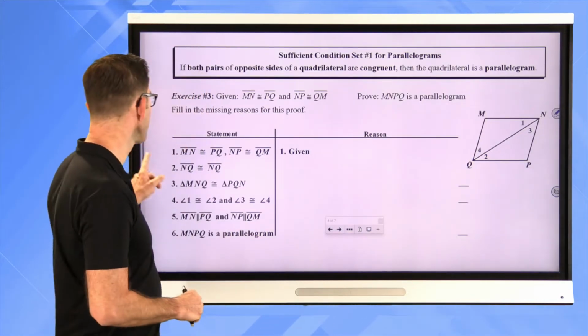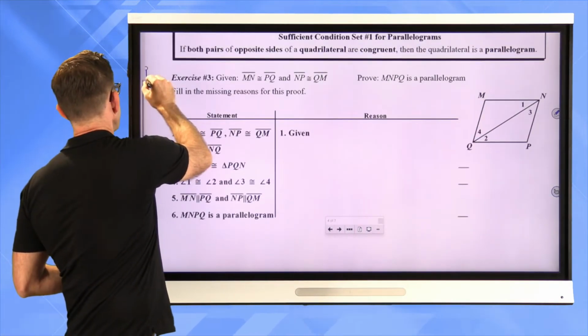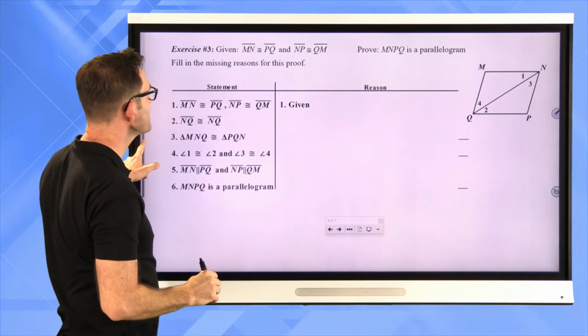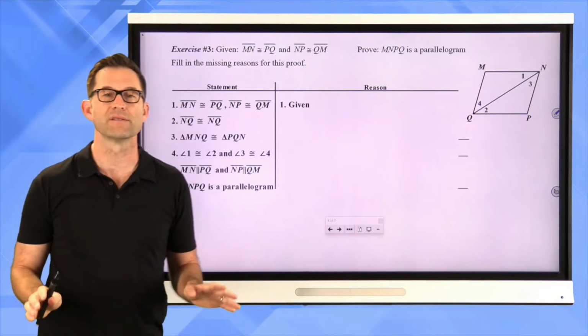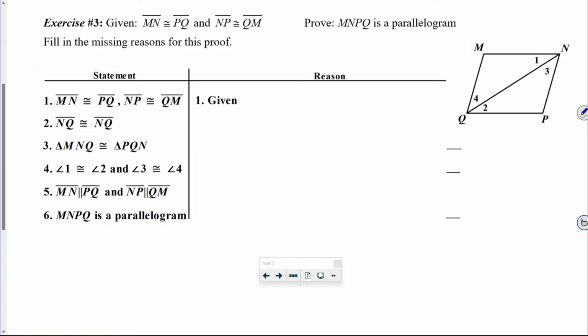So let's take a look at exercise number 3, which is one of those situations where we're just going to fill in the reasons on this proof. Exercise number 3. Given that MN is congruent to PQ and NP is congruent to QM, prove that MNPQ is a parallelogram.